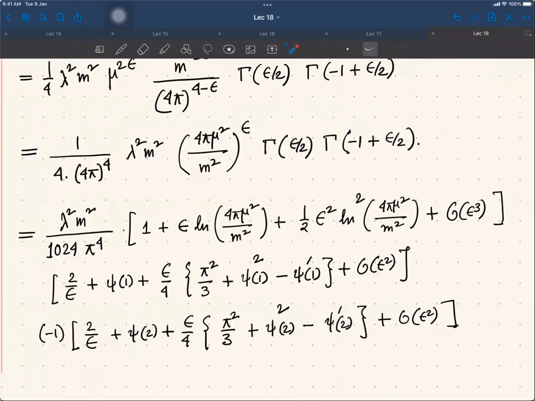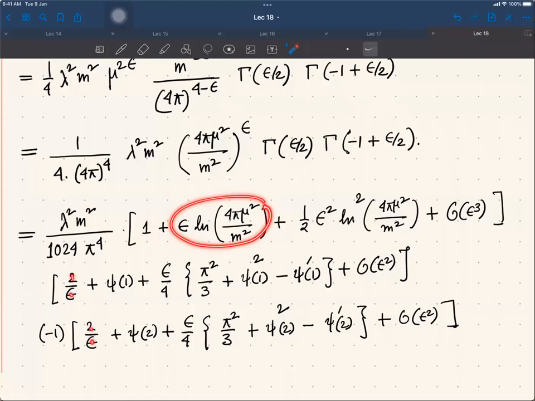Let's see any other 1 over epsilon contribution. So this is how you can get 1 over epsilon starting from 1. Let's now start from this term. If it is order epsilon, then we have to choose 1 over epsilon square. So that is this one and this one.